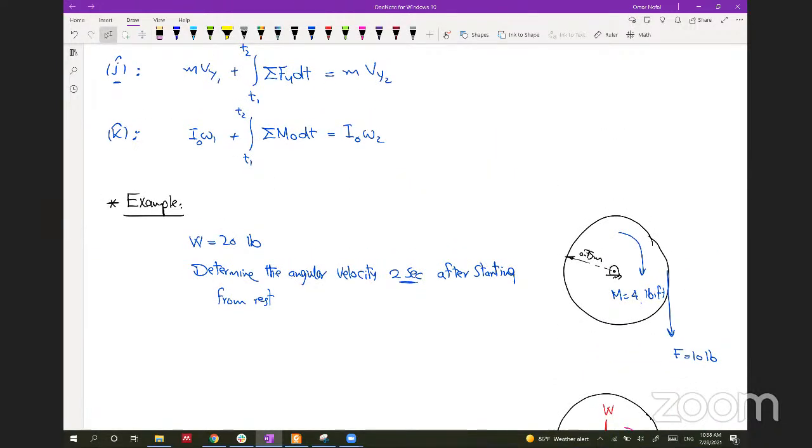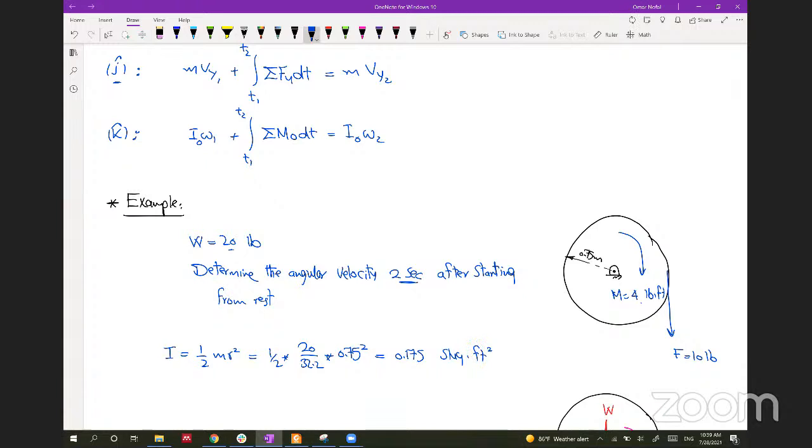I will need I bar because I will have to apply one of these equations on the CG. From the dynamics equations sheet, the mass moment of inertia of a circular disk is half m r squared. So this will be half multiplied by 20 over 32.2, because this is weight, and r is 0.75 squared, and this will give us 0.175 slug-feet squared.